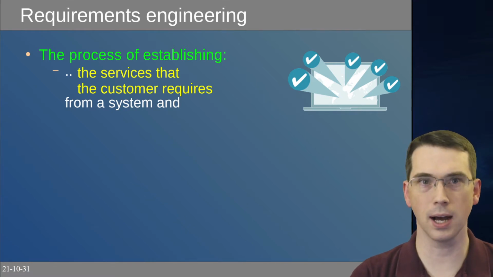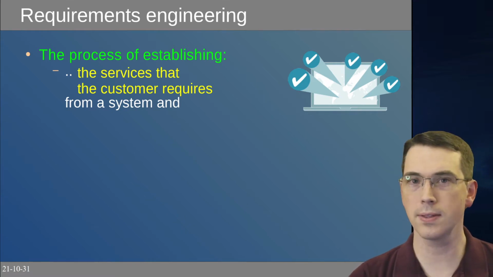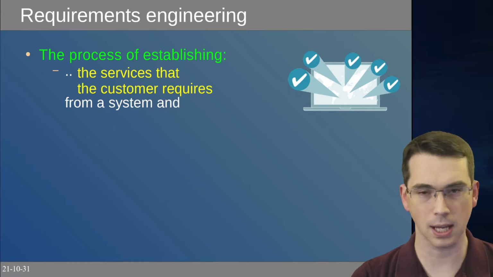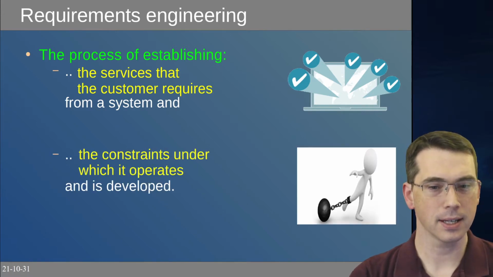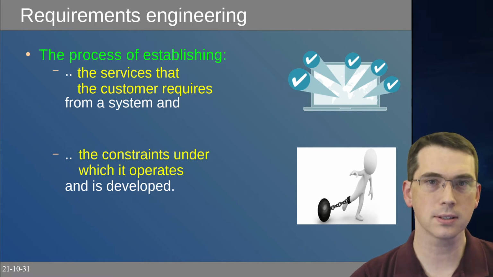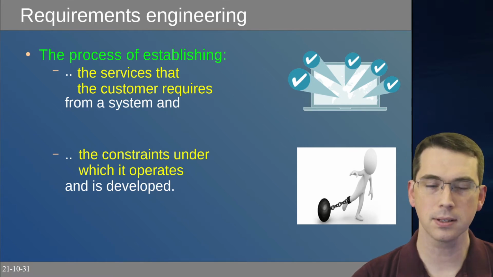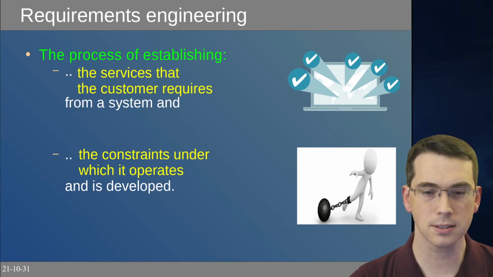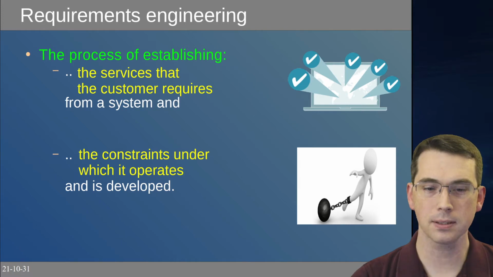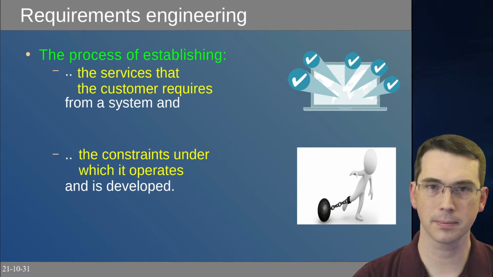If you're talking about a word processor, we require the ability to open a document, save, print, that kind of thing. And it is the constraints under which it operates and is developed. So requirements engineering is also establishing the constraints under which it operates and is developed.